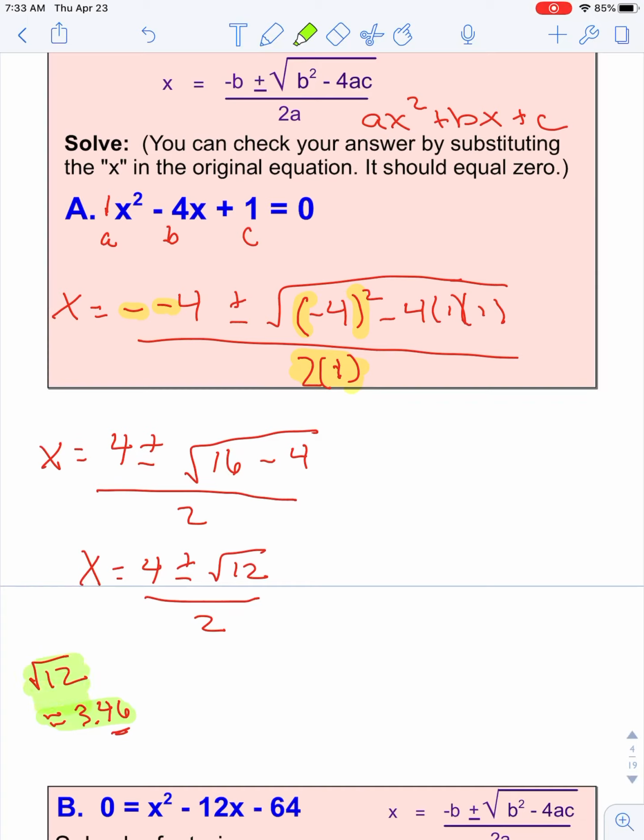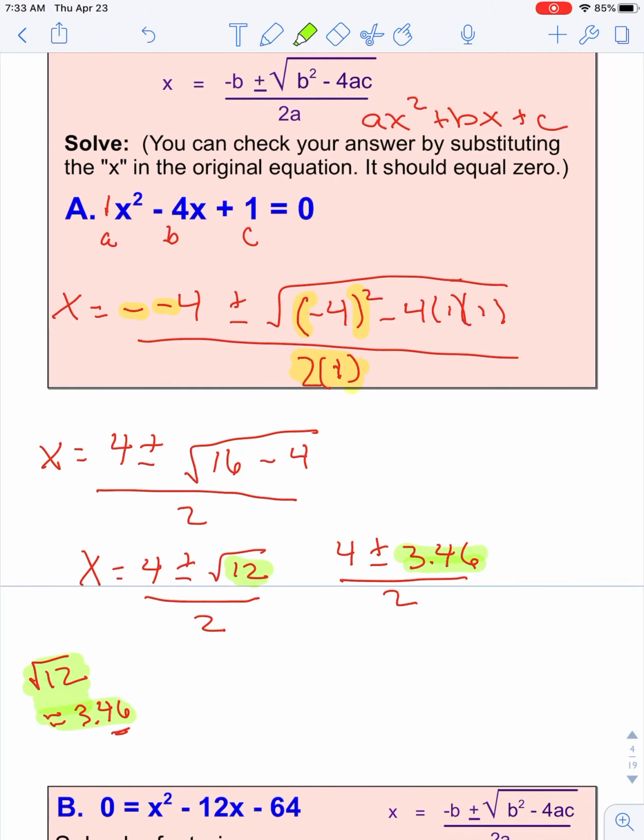That's what we're going to have to use in here. So now we're going to have 4 plus or minus 3.46 all over 2. That 3.46 was our square root of 12. We're always going to round that to 2 decimal places.